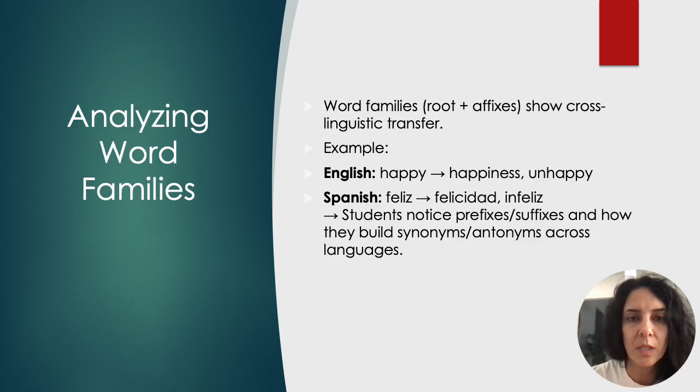Now let's focus on analyzing word families, which are groups of words that share the same root and have related meanings. This concept is especially helpful in cross-linguistic instruction because both English and many students' home languages like Spanish use affixes to form new words from roots.